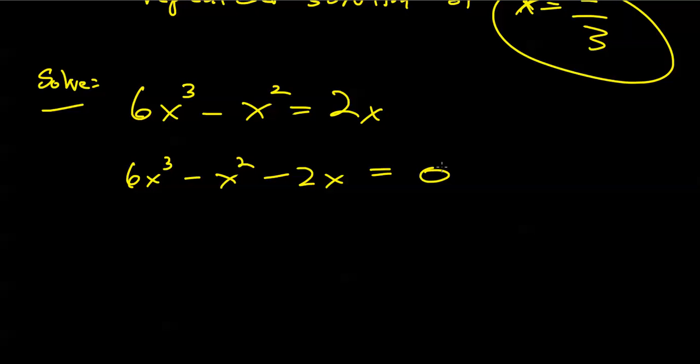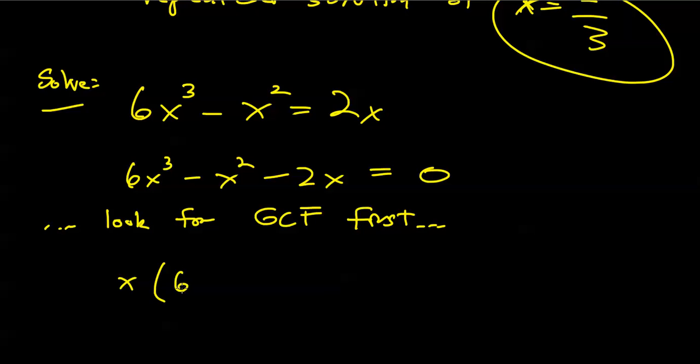Alright, so essentially I'll subtract 2x from both sides as a first step. Arrange terms on the left in decreasing degree. Notice there is a GCF here. Always look for a GCF first, as we've mentioned a couple of times in this chapter.